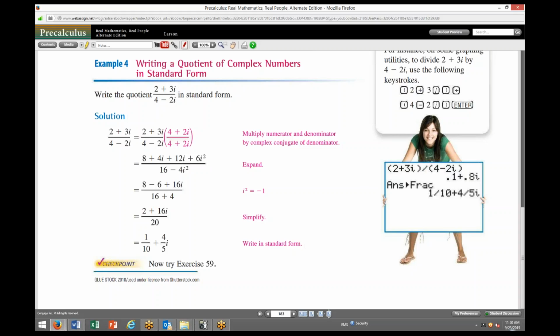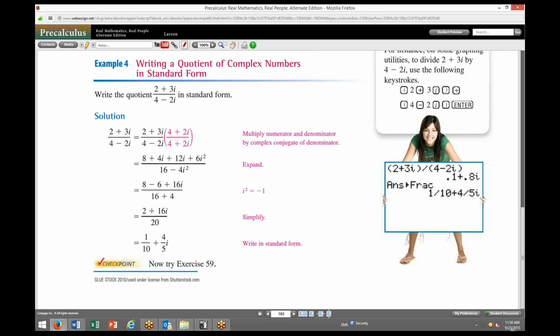In this case, since the denominator is 4 minus 2i, the conjugate is 4 plus 2i. So multiplying the top, 2 plus 3i, times 4 plus 2i, and then the denominator, 4 minus 2i times 4 plus 2i. Well, we know how that's going to work.